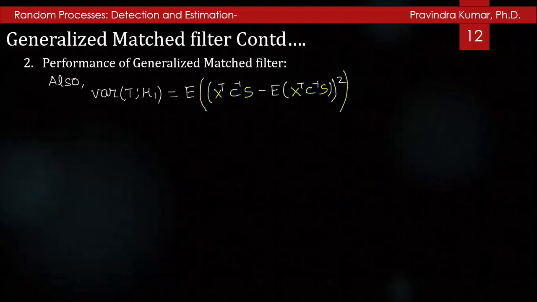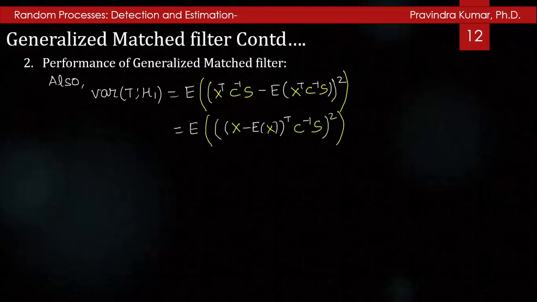The variance of the test statistic under hypothesis H1 will be equal to the expected value of x transpose C inverse s minus the expected value of x transpose C inverse s whole square.